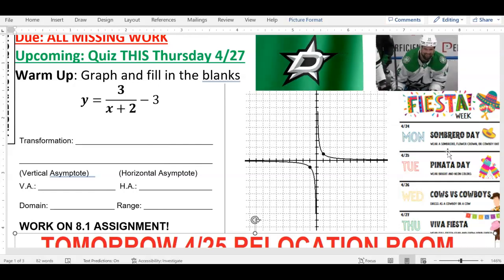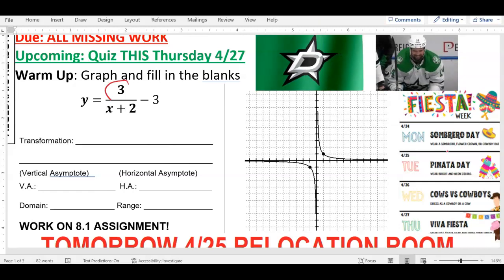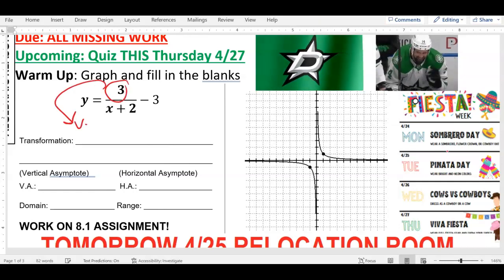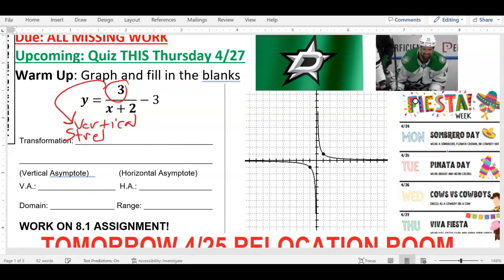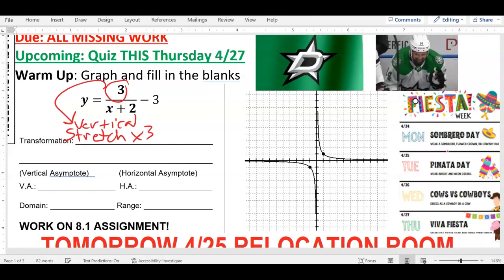If 3 is bigger than 1, is that a vertical stretch or compress? What do y'all think? Stretch. Let's write that down. So it's a vertical stretch by 3 if you have a number up top here. Easy. If there's a number on top, vertical stretch.